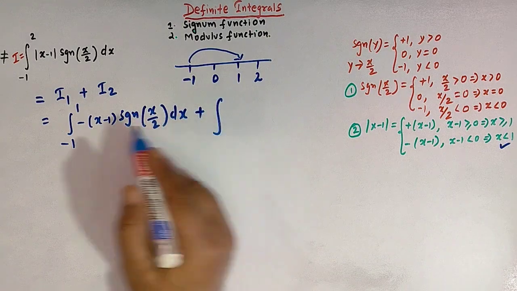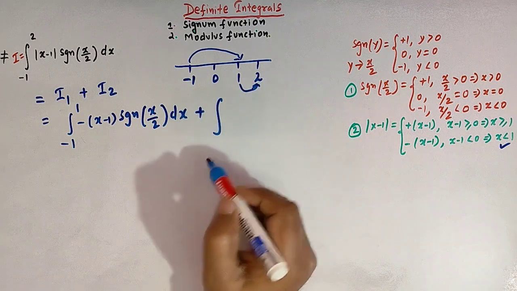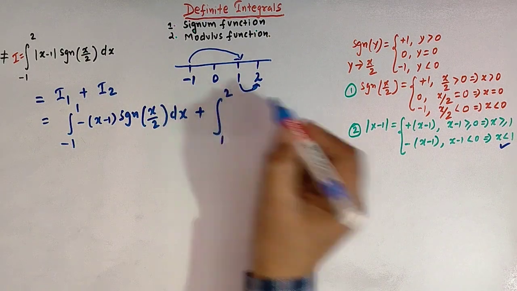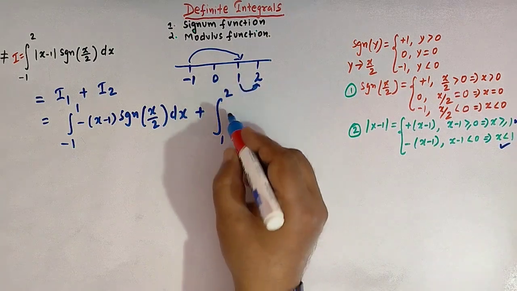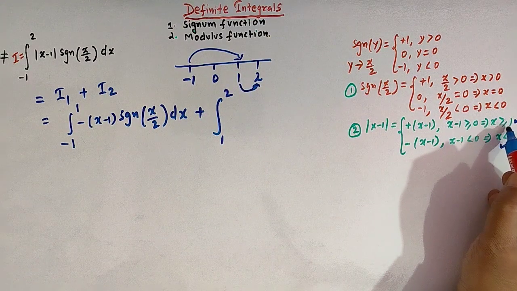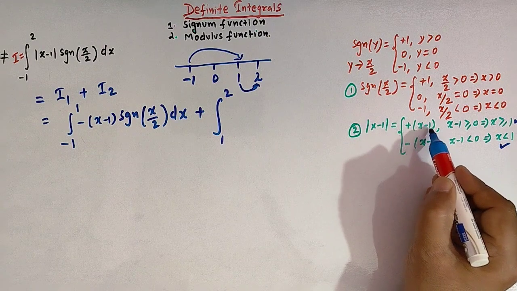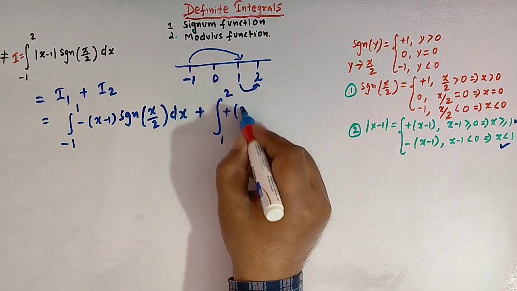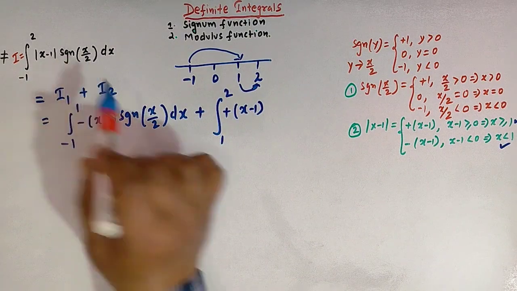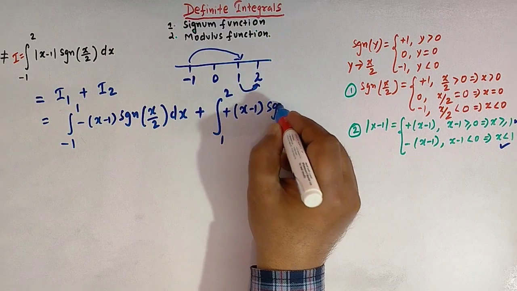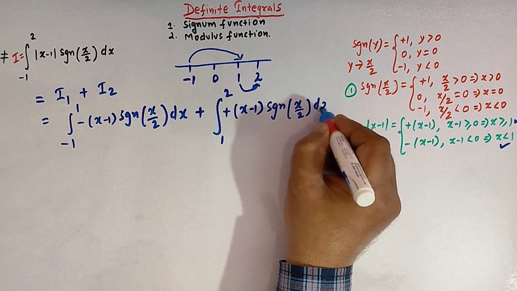The next integral I2 can be written from 1 to 2, because here we have x greater than or equal to 1. When x is greater than or equal to 1, mod of x minus 1 is positive x minus 1, and again we'll take signum of x over 2 as such, with dx.